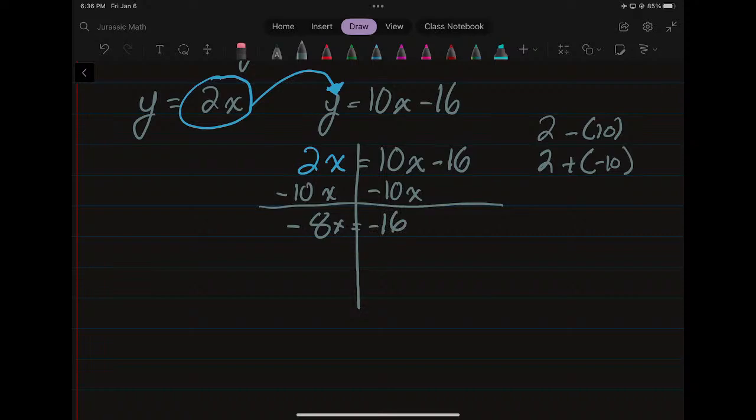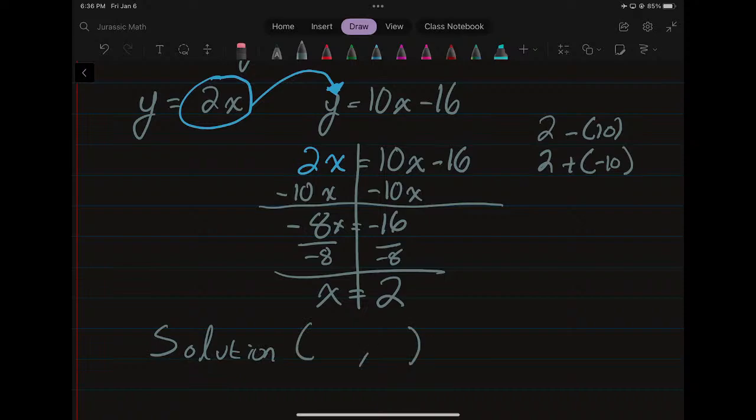Now, we are going to divide by negative 8. Divide by negative 8, we get x equals 2. So our solution is going to be, our x is 2. And now we have to find the y.